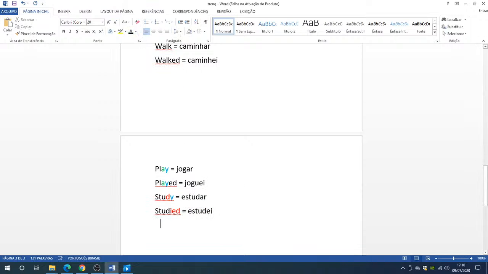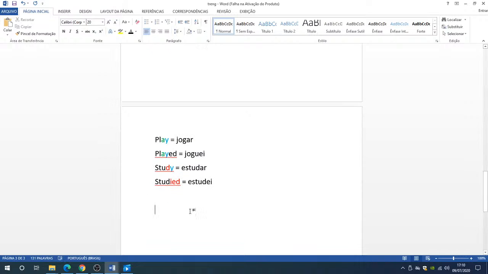Tá? Agora, outra observação. E os verbos irregulares, com I de igreja? Aquele mesmo speak. Tá?